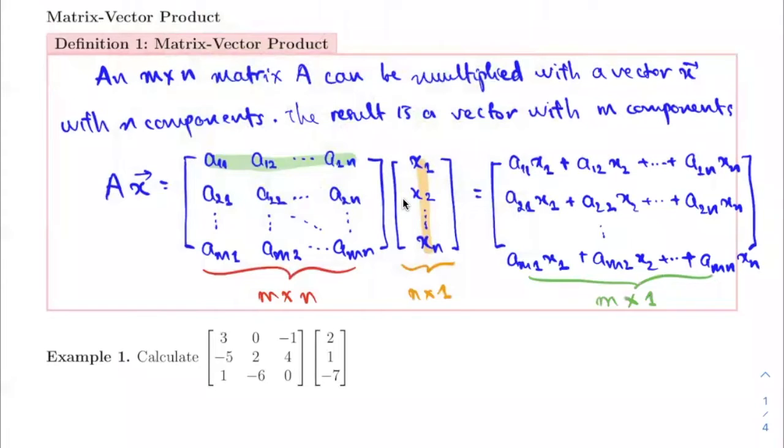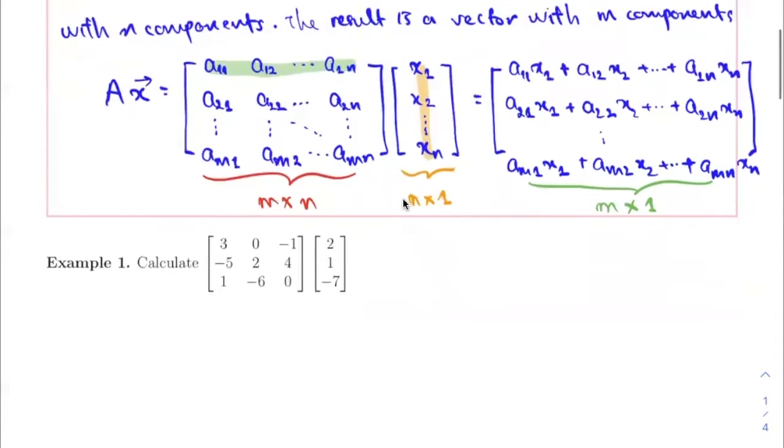Okay, so this is the definition of the matrix vector product. It's very similar to what we did last time with matrix multiplication. It's just that the matrix on the left is the same, but instead of a matrix on the right, now you just have a column vector.